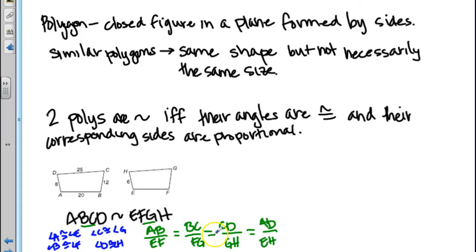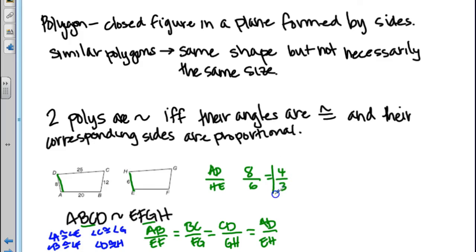All right, so once we set these proportions up, now that they've given us some side lengths, we can find out what the ratio is of AD to HE. So AD to HE is 8 to 6. For these figures to be similar, since they told us they were similar, the scale factor is the same for each side.